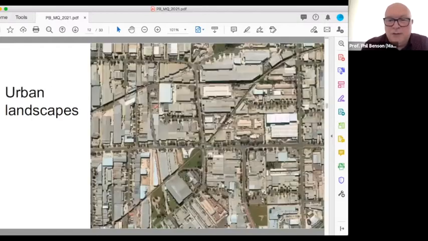That's an agricultural landscape. We also see this in urban landscapes, in housing, and in this case, this is the industrial area in Wetherill Park in Western Sydney. Again, we see this space being created in the image of empty space.